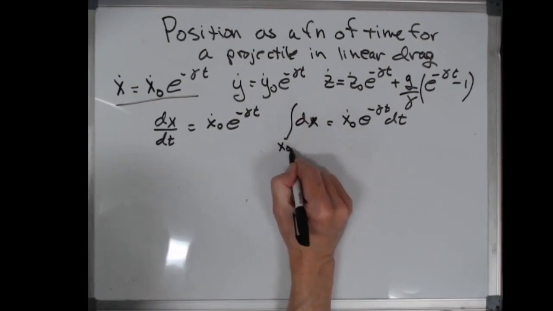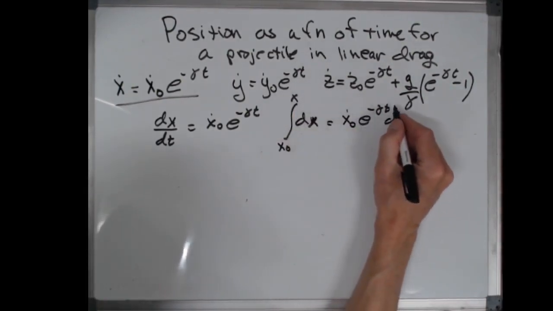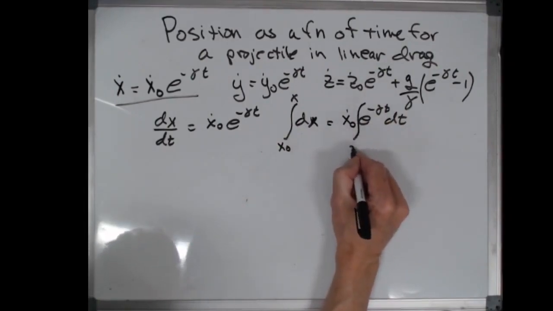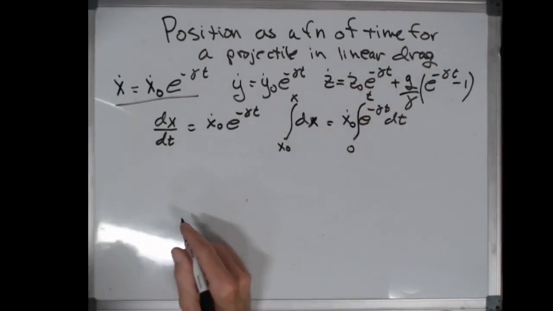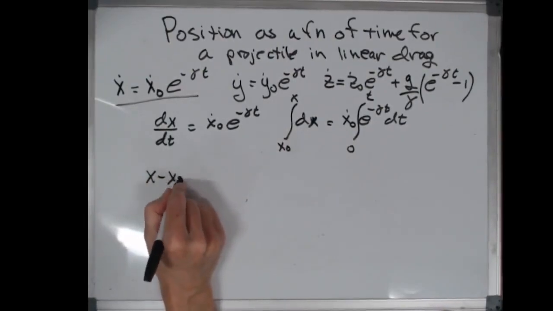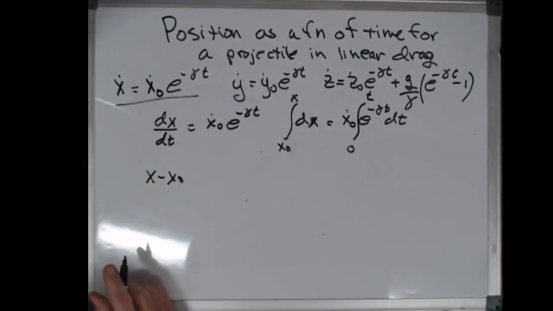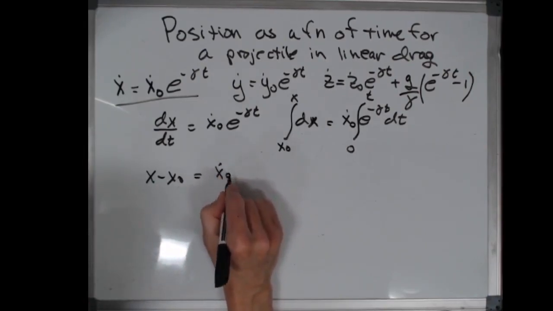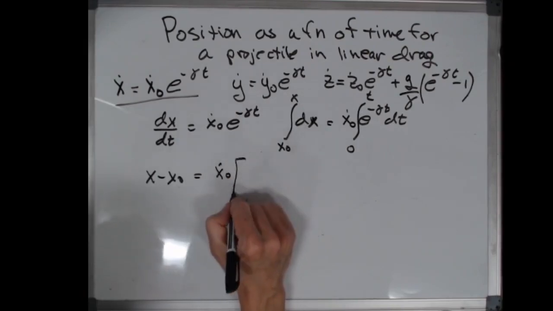This is x naught to x, and this is, I've got to put my integral there. The x dot naught is my initial velocity. That's a constant. This goes from 0 to t, right? And so the left-hand side of this becomes x minus x naught. That's the change in x position, right? That's kind of what I'm after. It's equal to, I'm going to keep this x dot naught out front, and then I'm going to multiply.